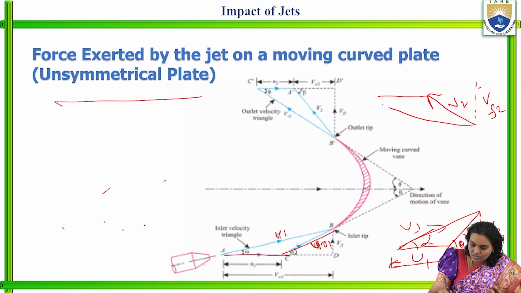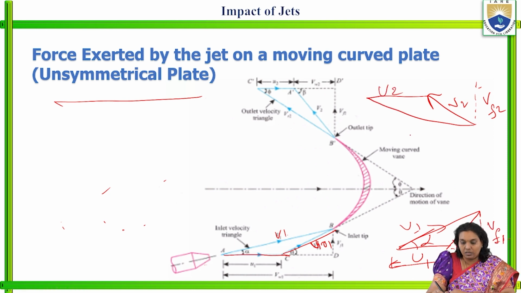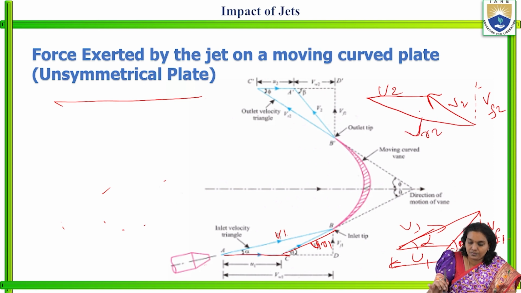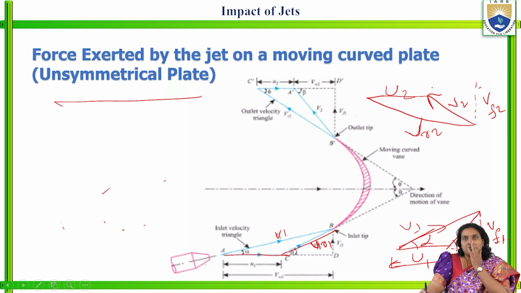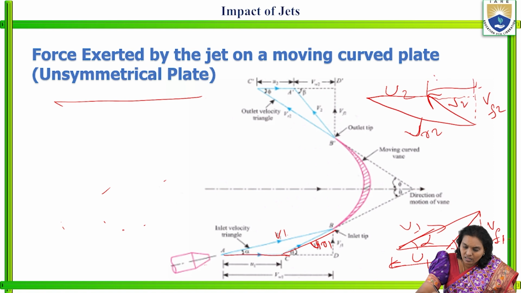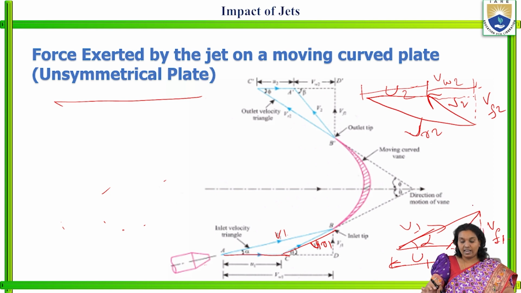From this point, this is the U2, and the relative velocity between them is VR2. This is the moving plate velocity, but U1 and U2 are both the same. This is the VF2, and this is the velocity component. From here to here, VW2 is the horizontal component, and this is U2 because of the opposite direction. So this is the outlet condition, and the inlet condition.